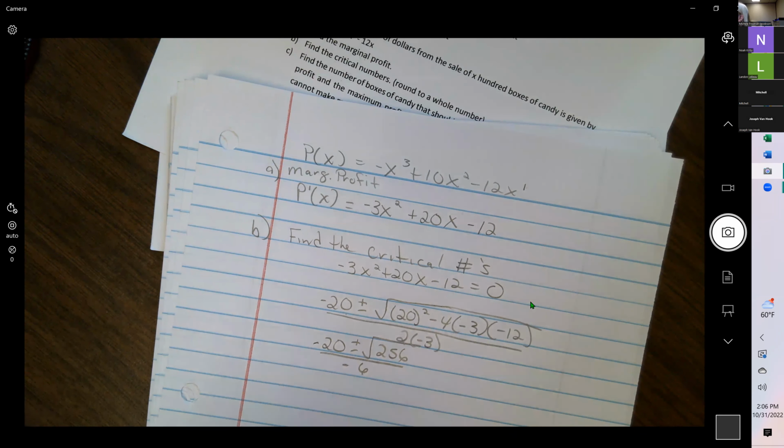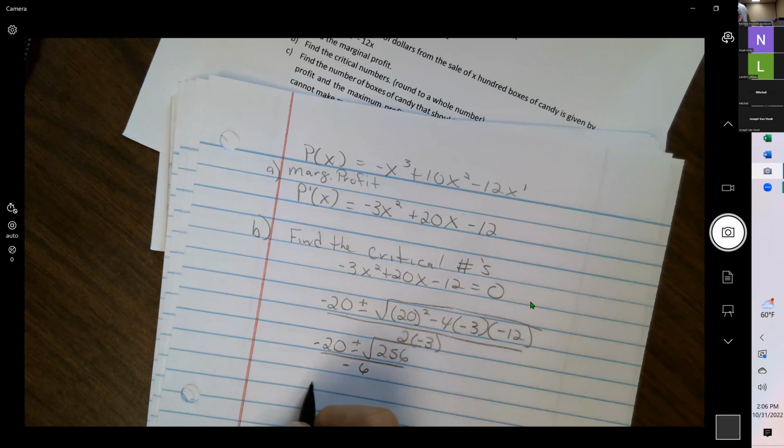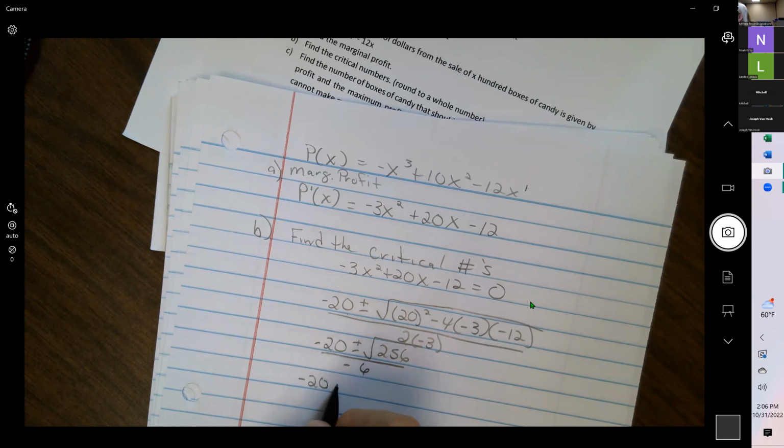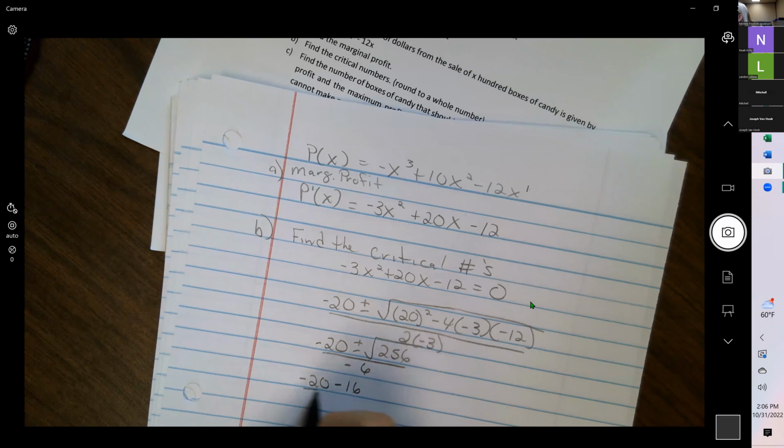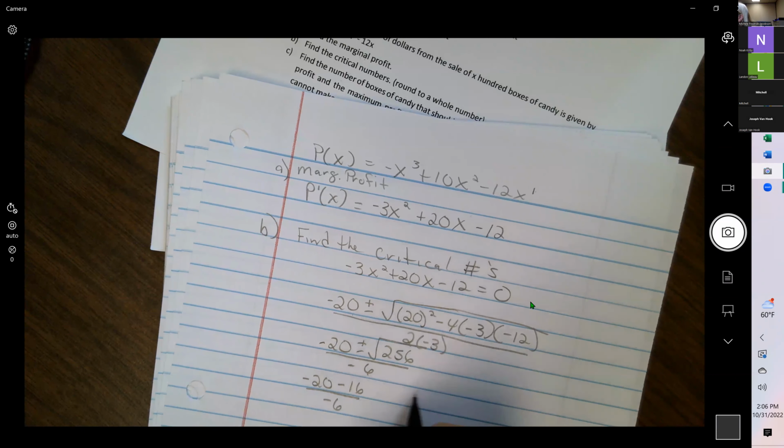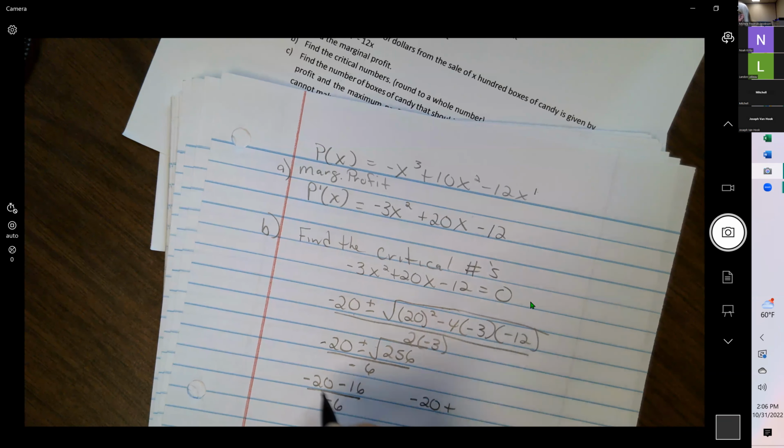Oh, it is a perfect square root. Square root of 256 is 16. Well, you want the negative and the positive.